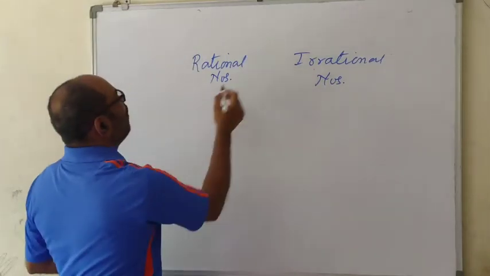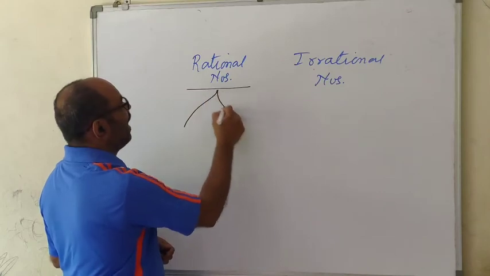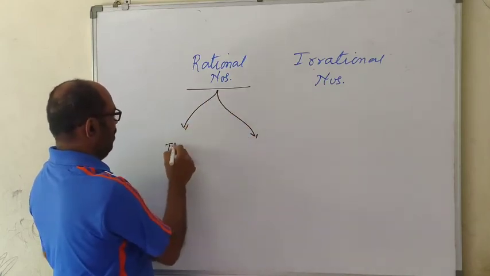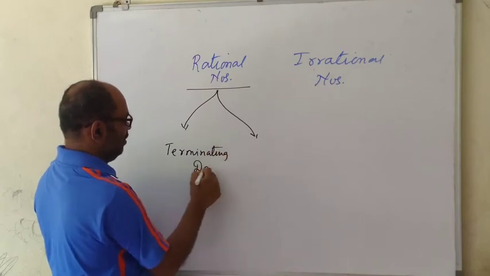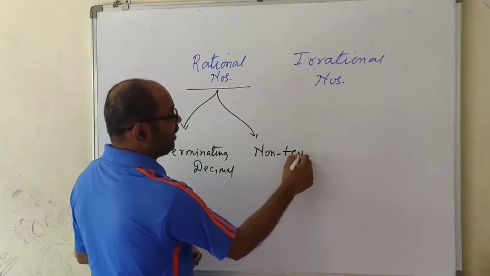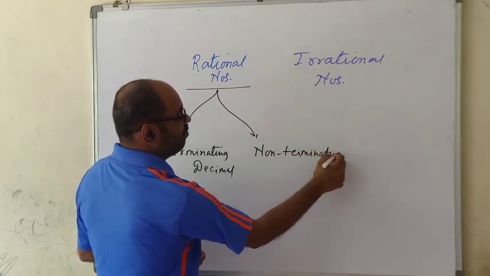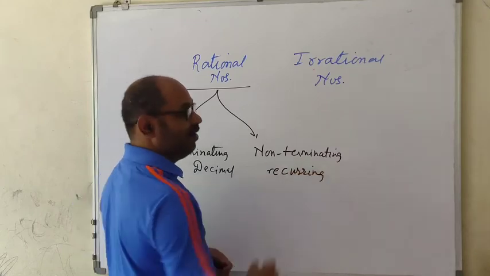Okay. Fine. Rational numbers. There are two types. Terminating decimal and non-terminating but recurring.